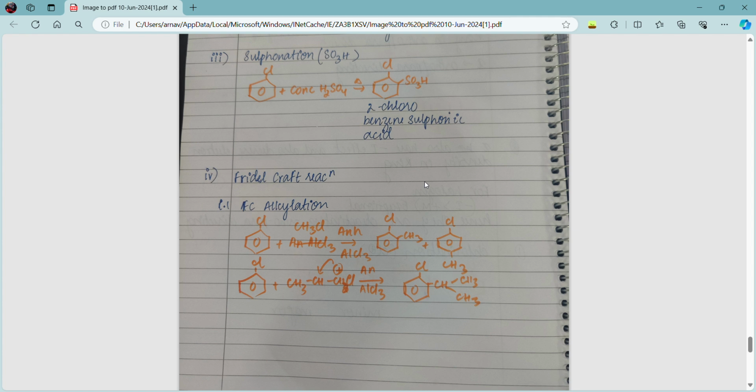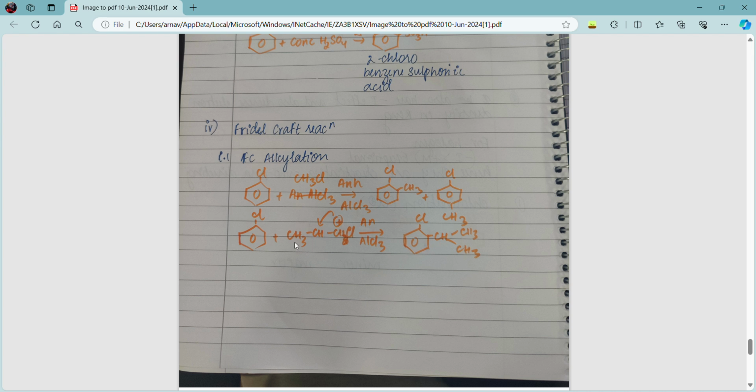Next reactions are also very important. It's a type of electrophilic substitution reaction. With CH3Cl and anhydrous AlCl3, CH3 plus forms and gets attached here. This is electrophilic substitution, Friedel-Crafts alkylation. And here now you have propyl chloride.